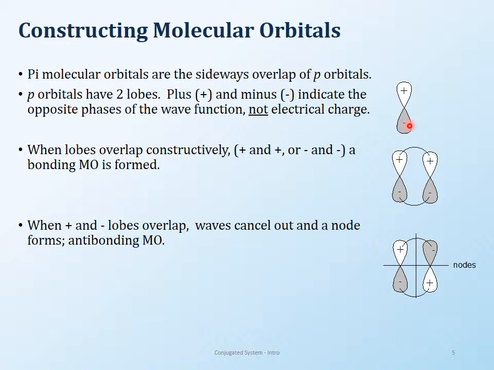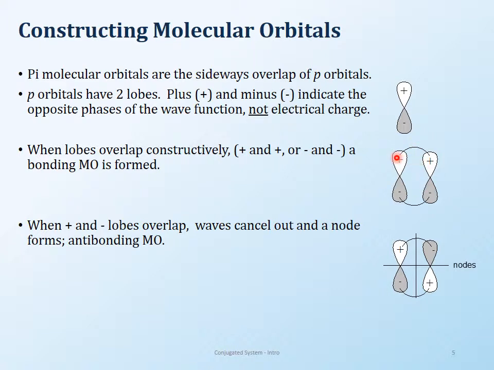So in two adjacent carbons, you will have overlap going on of the p orbitals. Now, when you learn about this back in Organic 1, we really don't talk about this too much. We just say that you have a p and p overlap of orbitals going on, but now we get to be a little bit more specific. Because when you have a p orbital that has a positive region and a negative region, you can have two kinds of overlaps.